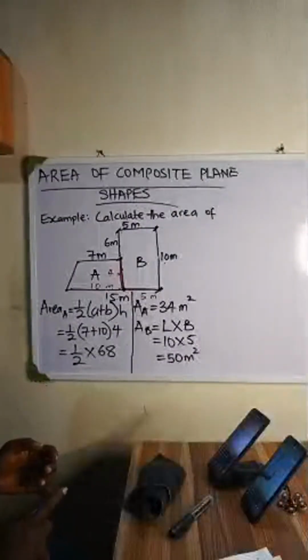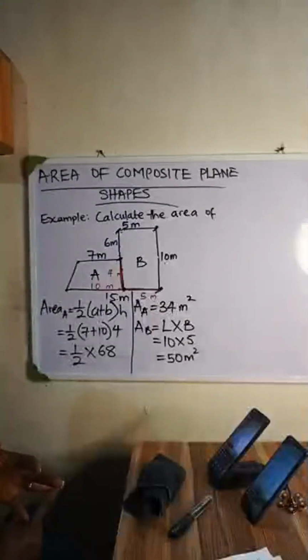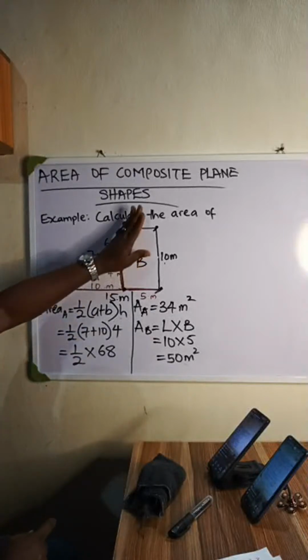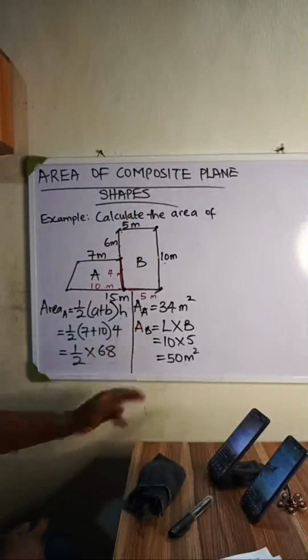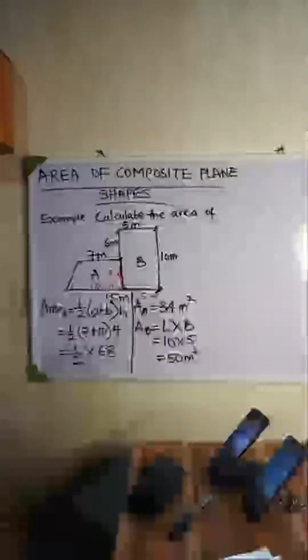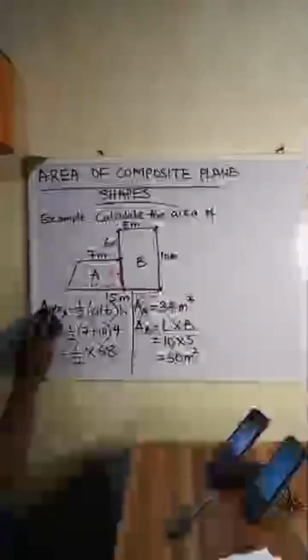So we've gotten the area of A to be 34 meters square, and the area of B to be 50 meters square. That means the total area of this entire shape is going to be area A plus area B. Okay, so let me wipe off.